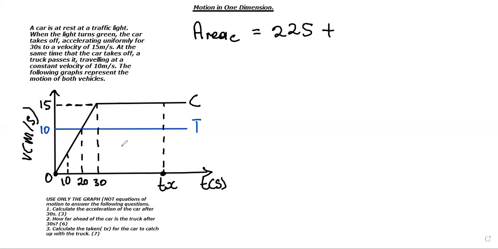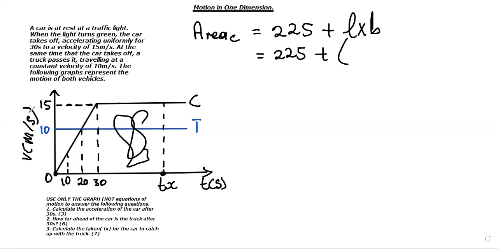Now here we see it's a rectangle, so the area here will be given by length times the breadth, right? Now the question is, what is the length of this rectangle? Well, the length of this rectangle will just be t minus 30 seconds.